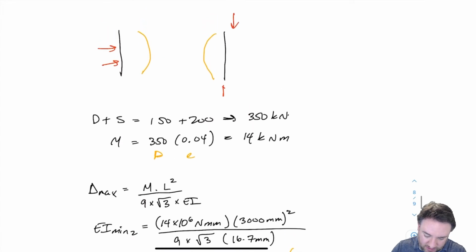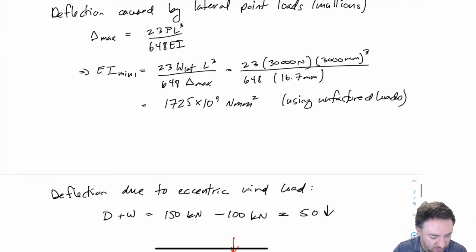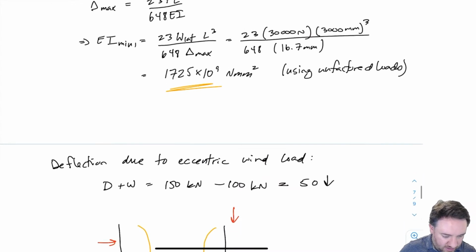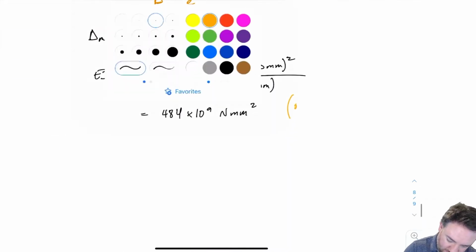Okay, so that is an order of magnitude, well, not quite, half an order of magnitude lower. So this is really the one that's going to govern, the one up here. That's the high strength that we're going to actually need. Okay, so that's my required EI min, 1725.